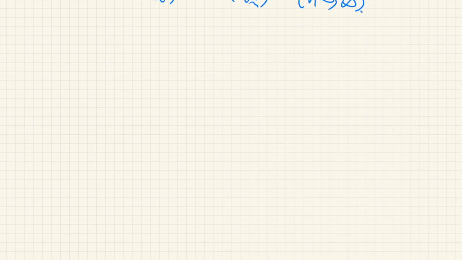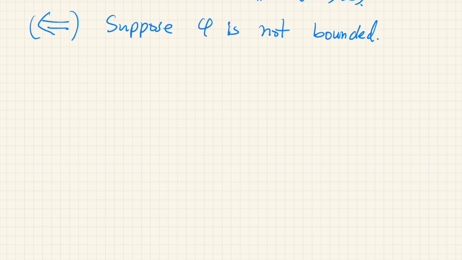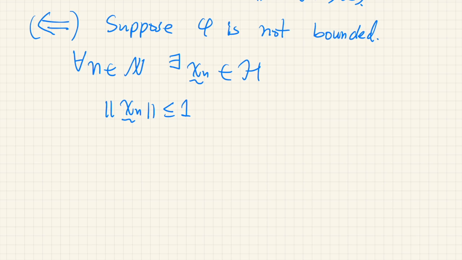Next, we prove the converse, and we do it by contradiction. So suppose phi is not bounded. What this means is the following. For any natural number n, there exists some xn, an element of the Hilbert space, such that the norm of xn is less than or equal to 1, and the absolute value of phi of xn is greater than n.